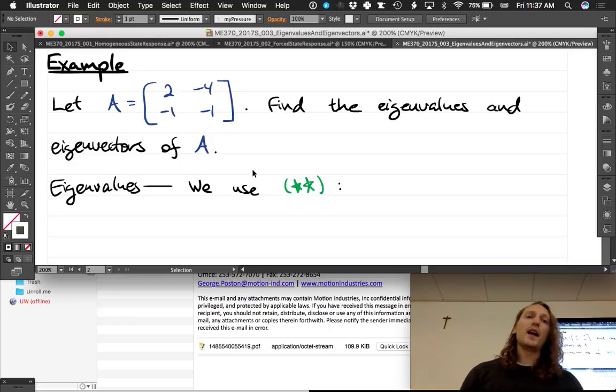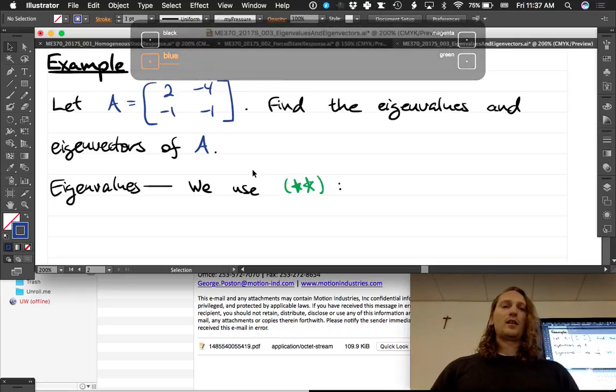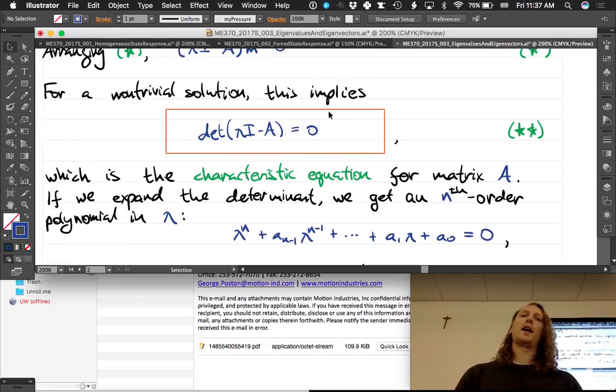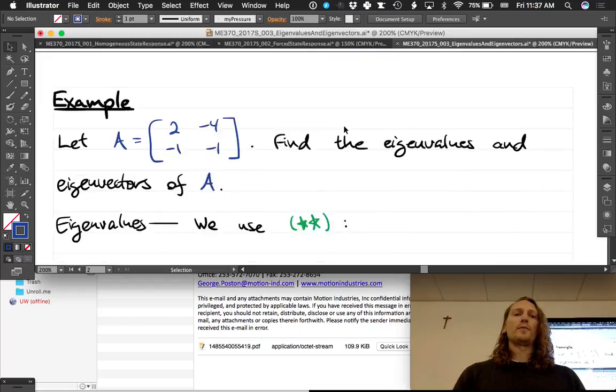So let's find the eigenvalues. If we take our equation that we drew up here, determinant of lambda I minus A equals 0, that's our characteristic equation that we're going to use to find the eigenvalues. So let's just use that.